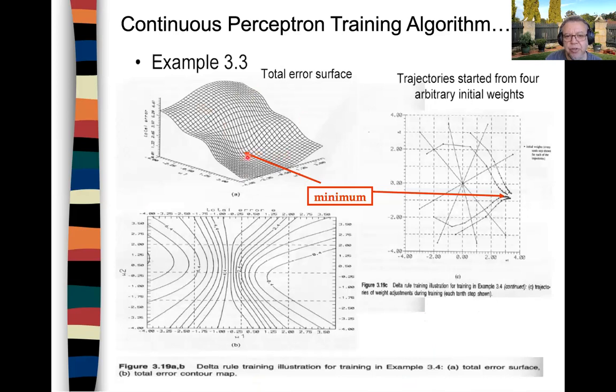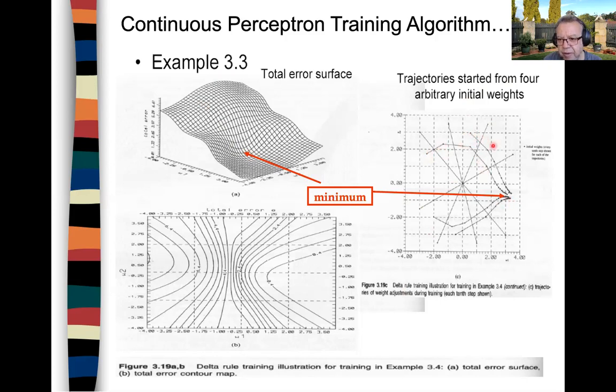And this is the global minimum for this error function. If we start our weights W1, W2 somewhere here, after training we would like to end up at this minimum. You can see the trajectory from arbitrary initial weights. If we start here, after a number of training steps we converge to here.